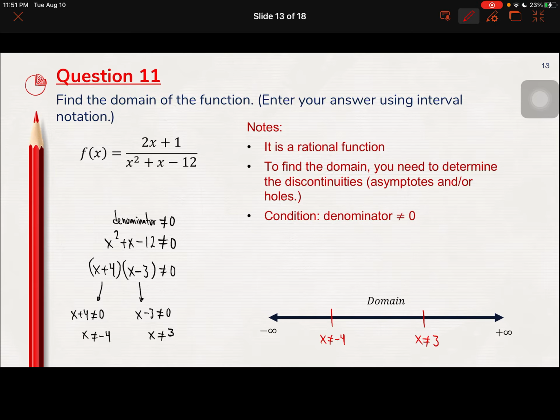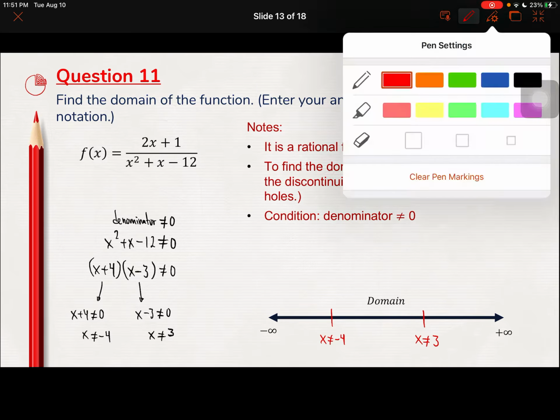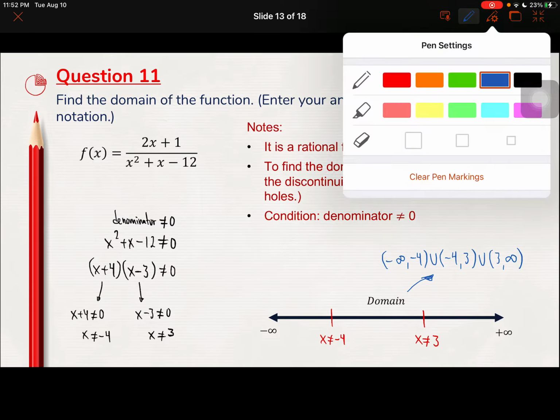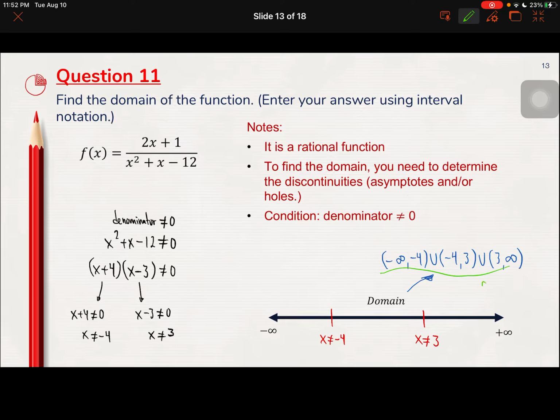So we're going to remove those values, and from here I'm going to say that the domain goes from minus infinity to minus 4, joined to another interval that goes from minus 4 to 3, and finally from 3 to infinity. So this is the answer for this question.